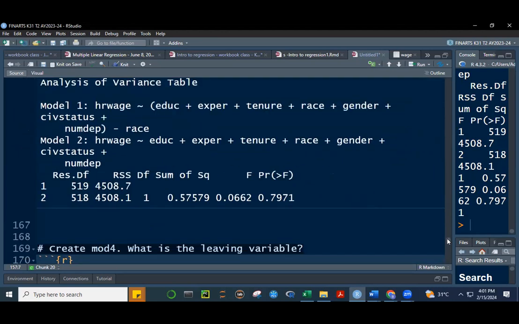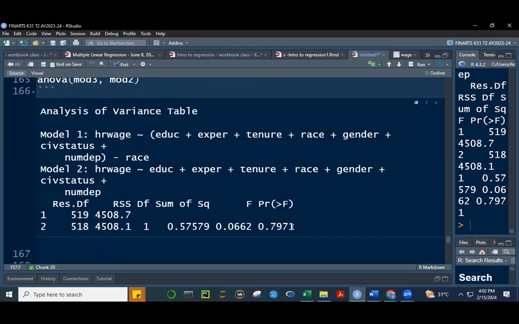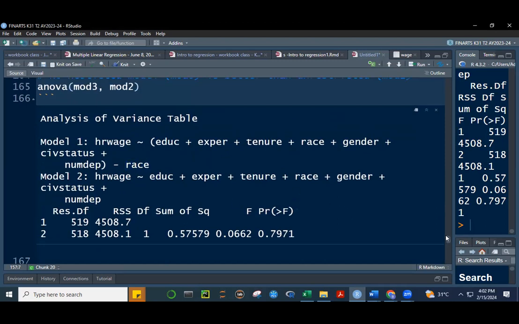So, ano yung p-value natin? 0.797. Okay, this is way greater than 0.05. Therefore, failure to reject the null hypothesis that the restricted model is better. So mas maganda talaga si model number 3, yung binawasan natin ng race, based on this analysis of variance.